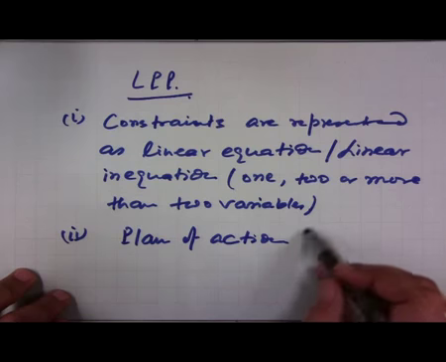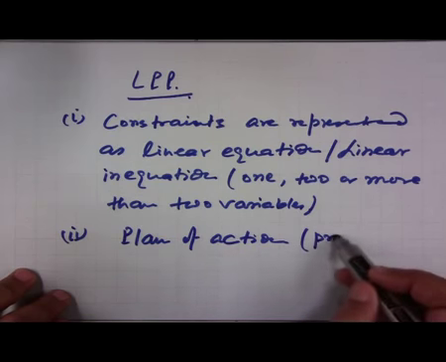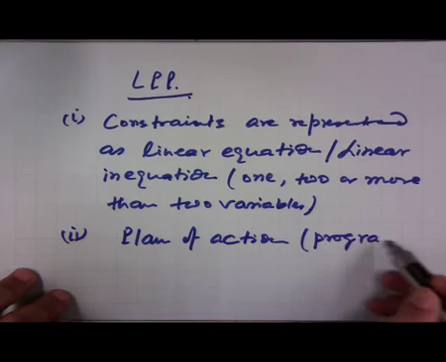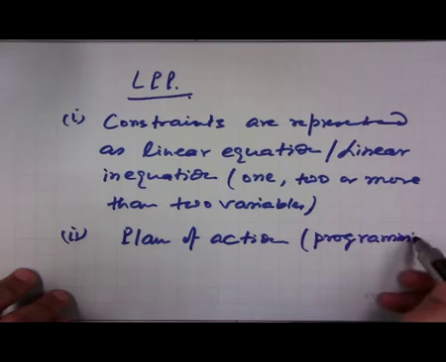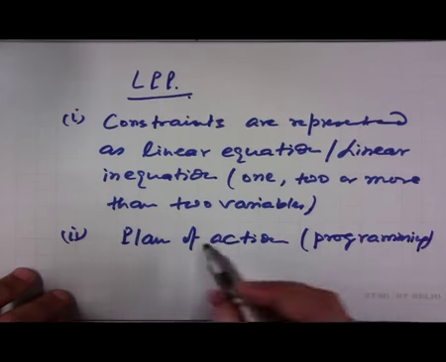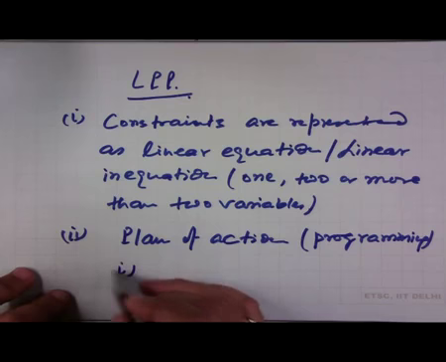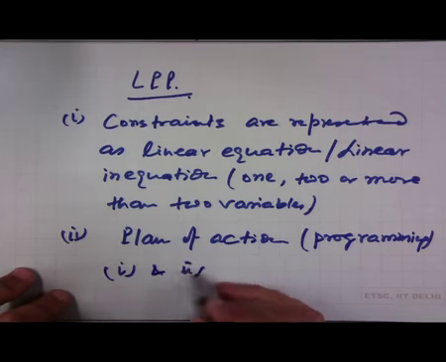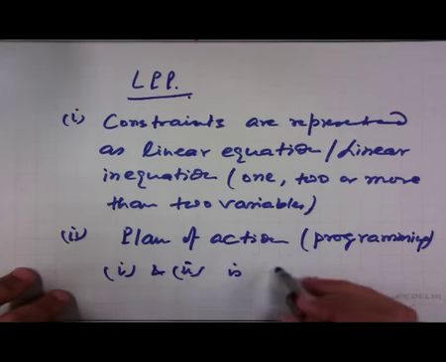This part is called programming. And 1 and 2 together is called linear programming.